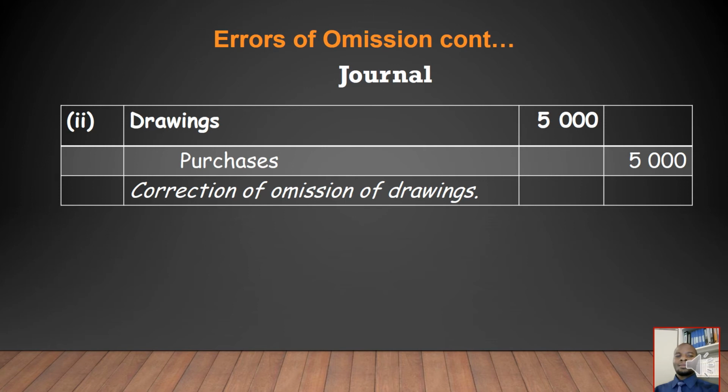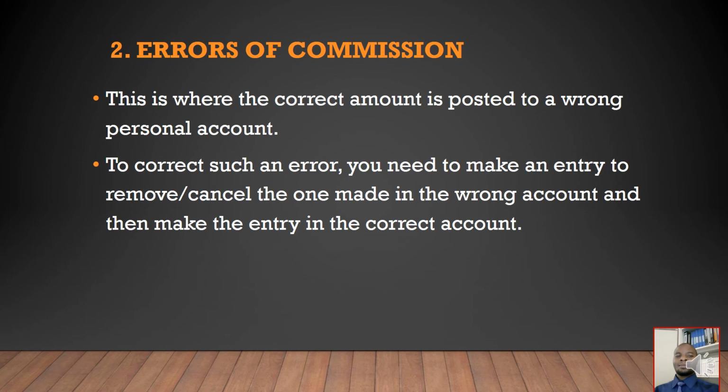The second statement. Let's now look at the third statement and a different type of error. Number 2 is errors of commission. Errors of commission are errors where the correct amount is posted to a wrong personal account. So an error of commission involves personal accounts.